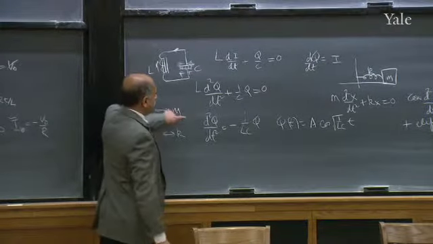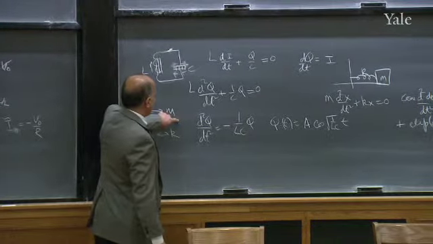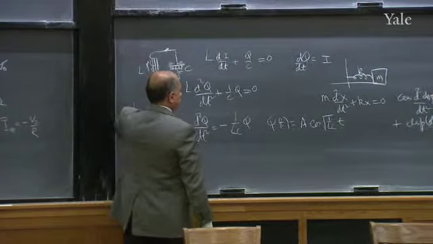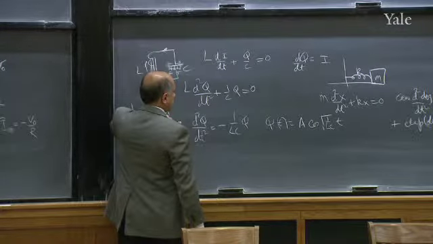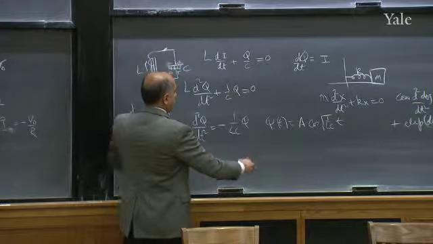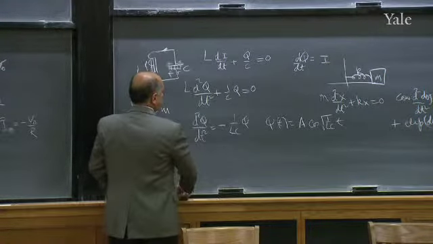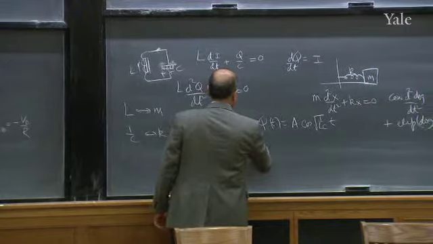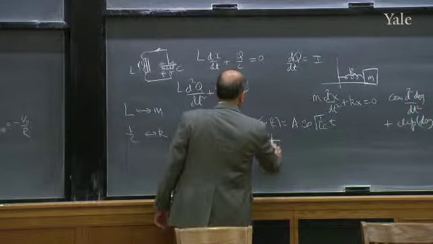Is that right? Yes. If you take two derivatives of q, you will pull out 1 over root LC each time. Then you will get a minus sign when cosine becomes minus sine, and one more derivative will bring it back to minus cosine. So this is called the frequency, which is 1 over root LC.